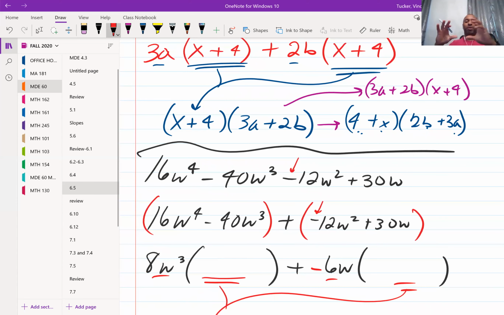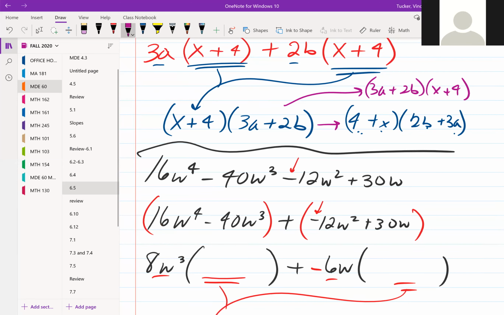So all we've done at this point was just group the first 2 and the second 2 together. Okay. So now we're looking at the common factors of 16w to the 4th minus 40w cubed. And so that is going to be 8w cubed. I can pull out 8w cubed from both terms.